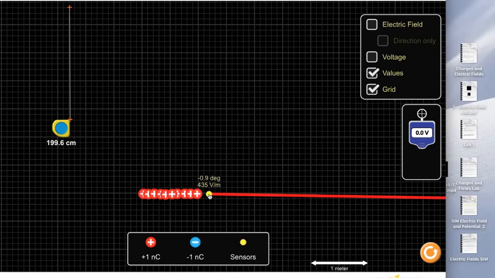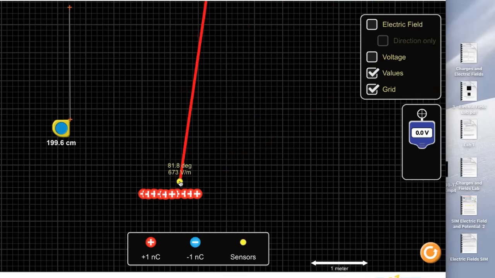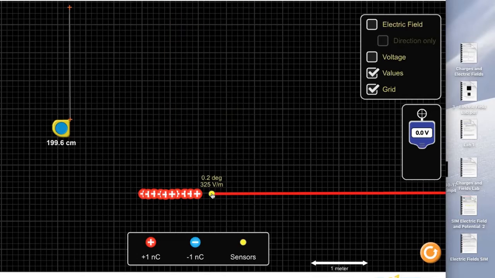But it looks like it's half the strength of this one. So let's say 20 centimeters away, what is it here? 740, right? 20 centimeters away here should be about half of that. Yep, it is. Oh my gosh, it works. It's half the strength.